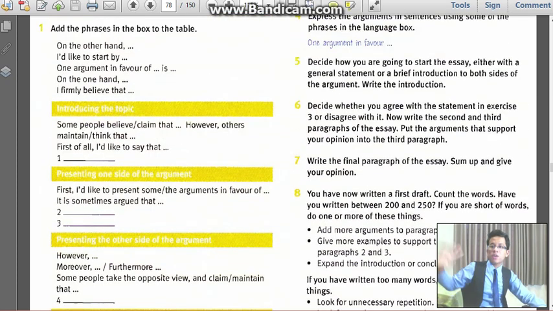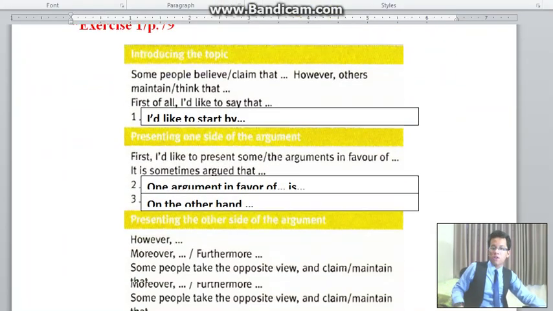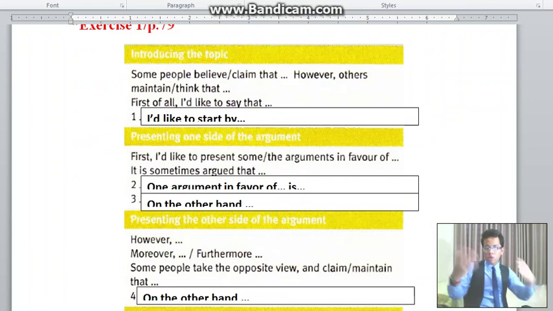So let's get a quick review, a quick read through. When we want to introduce the topic, we will have phrases like: some people believe, some people claim that, however, others maintain, others think that, or you can say, first of all, I'd like to say that. And also the phrase I have added over there is I'd like to start by.